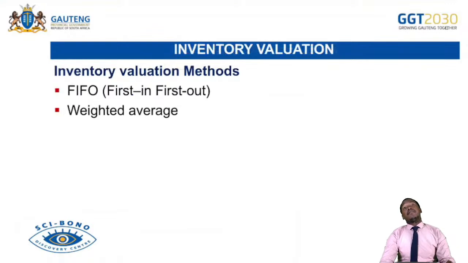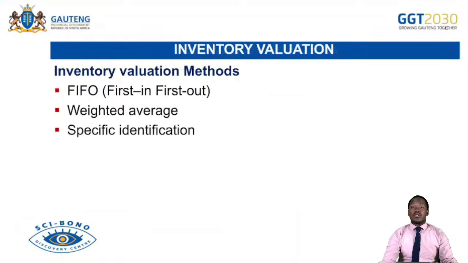The second inventory valuation method is called the weighted average method. We are going to be elaborating on this method at a later stage. The third method, which was also there in our paper 1, is called the specific identification method.